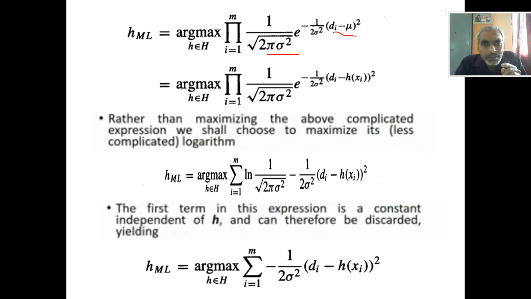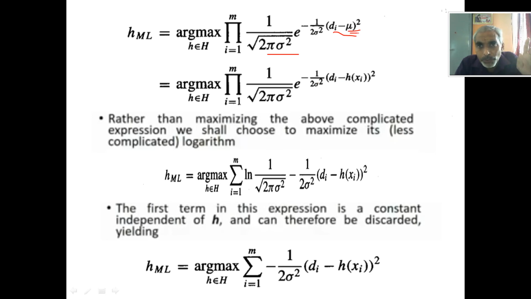So this is equal to argmax of h belonging to H, product for i equal to 1 to m, 1 divided by square root of 2 pi sigma square into e to the power of minus of 2 sigma square into di minus mu.